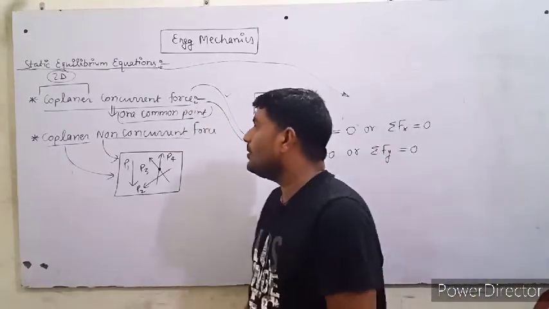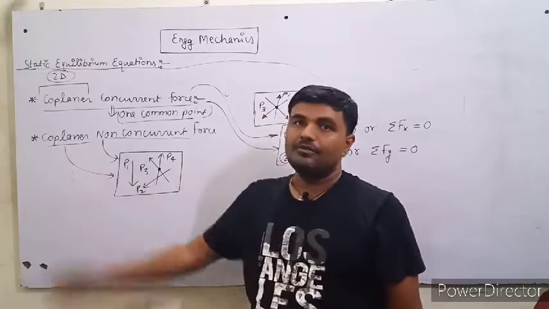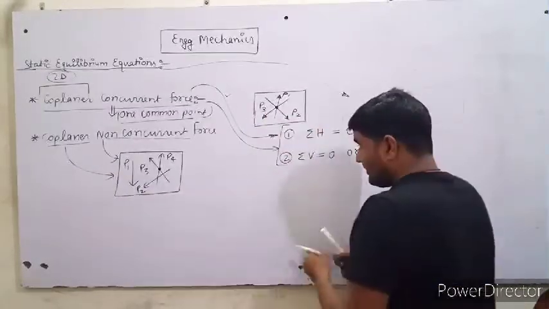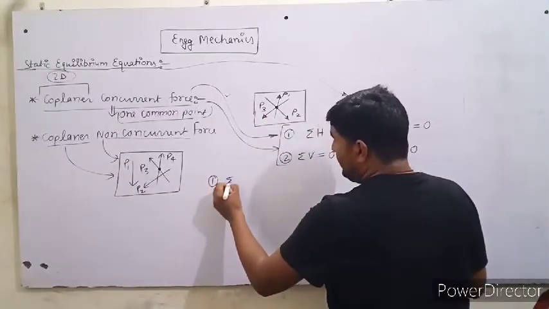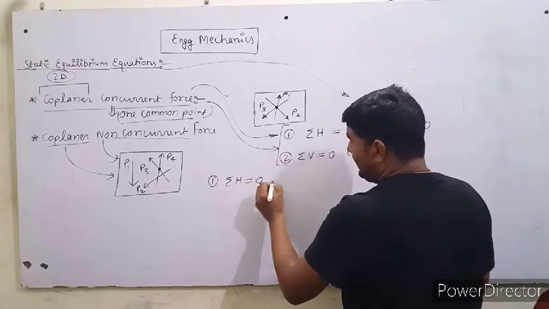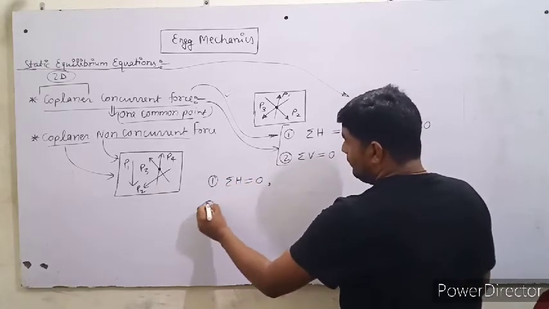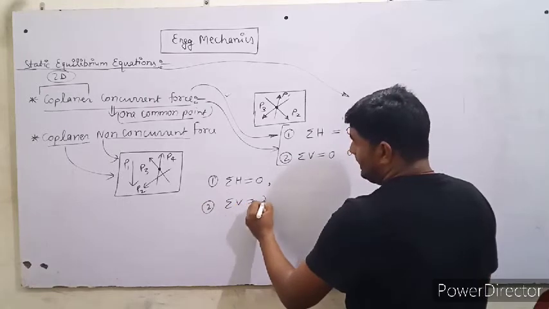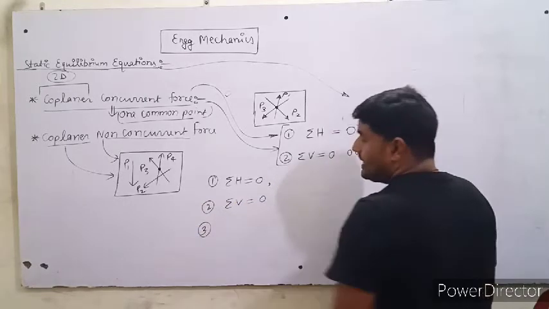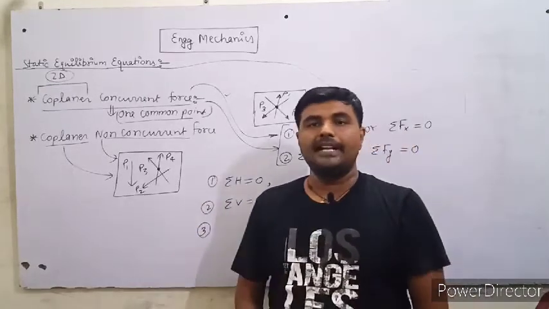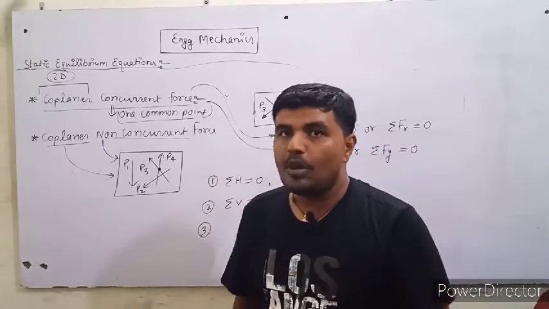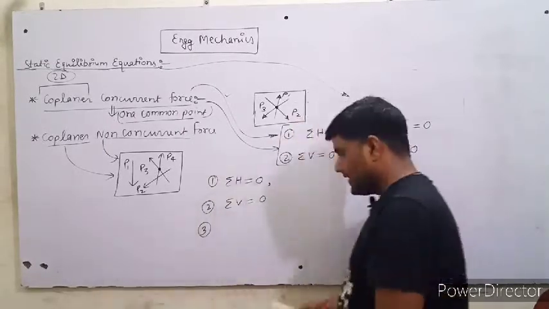If I talk about coplanar non-concurrent force system, here the above two equations are valid, but one additional equation will come, and the third equation is the algebraic sum of moment about a particular point should be equal to 0.